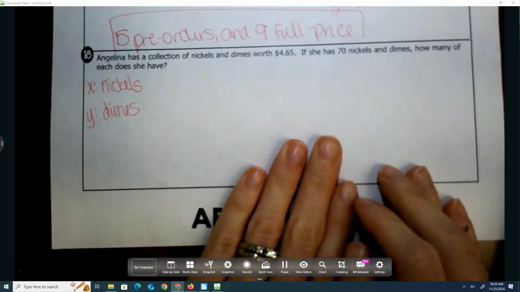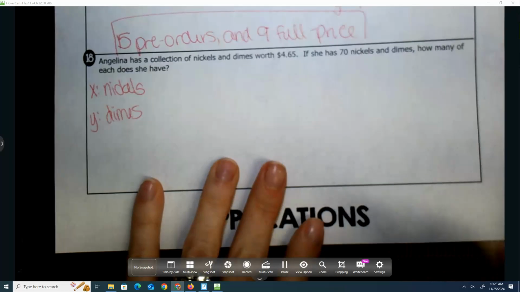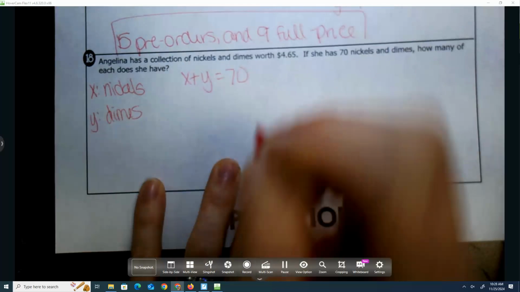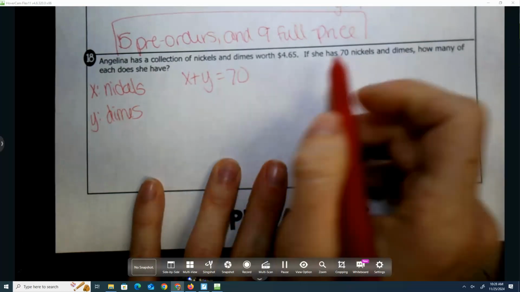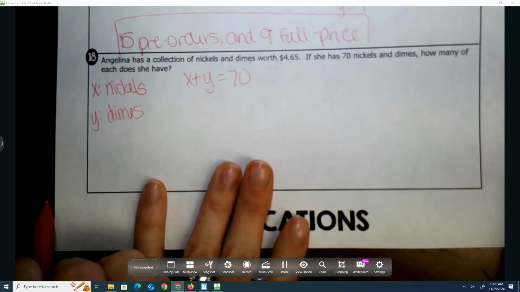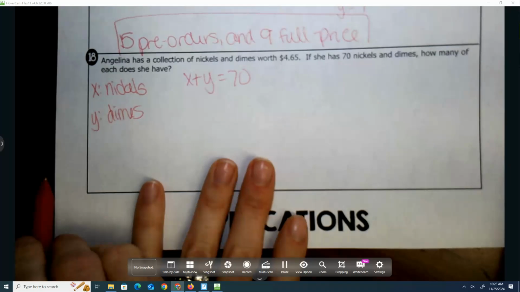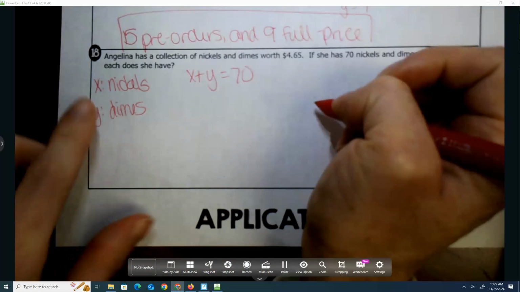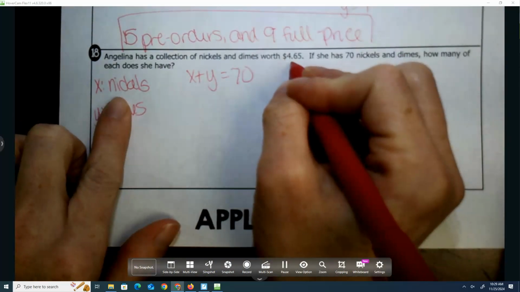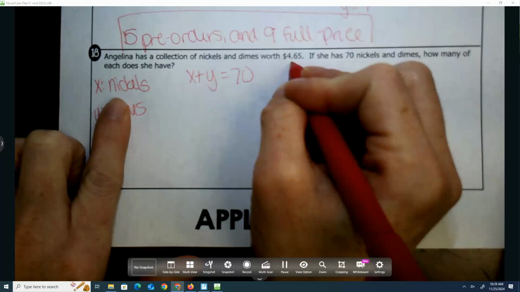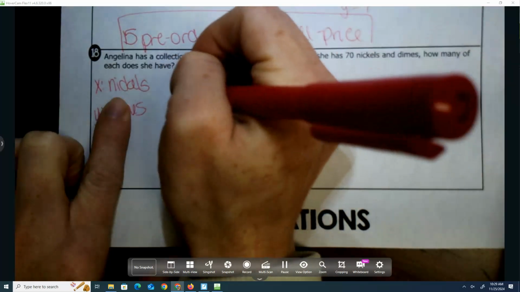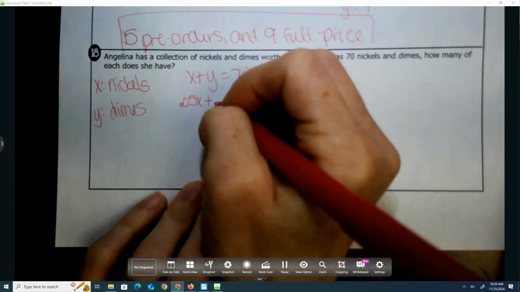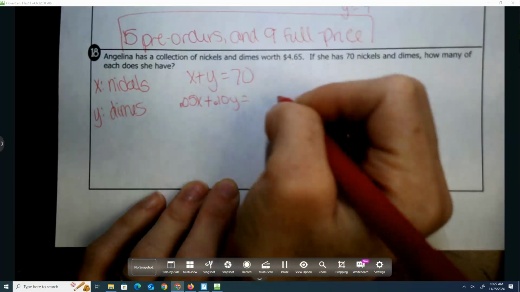Okay. Bailey, can you help me get one of the equations? Good. We have 70 coins. So, Nicole, can you help me get the next one? Well, we're talking about the dollar amount, right? How much is a nickel worth? So we did 0.05 times the number of nickels plus, what would I do for my dimes? And how much is it worth altogether?